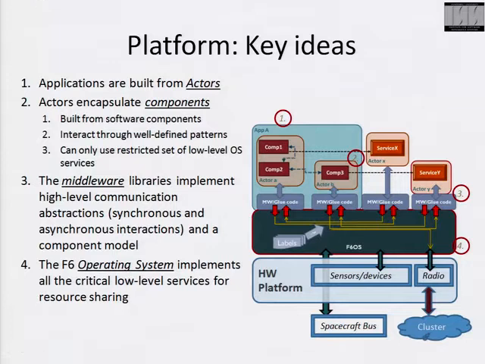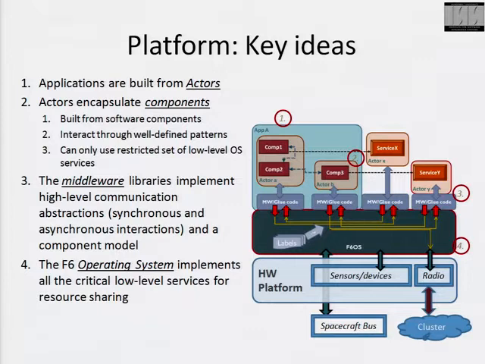So my definition of component is a reusable piece of functionality with well-defined communication interfaces. That's what it means for us. And so these have well-defined interaction patterns. We support two. We support anonymous publish-subscribe, so DDS, and we support synchronous and asynchronous point-to-point communication as well.